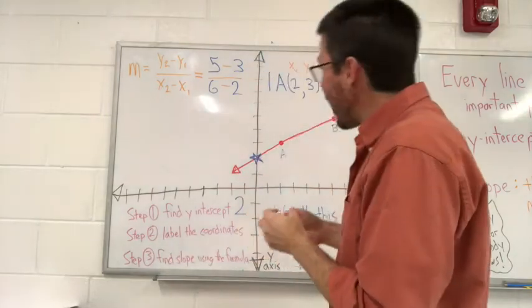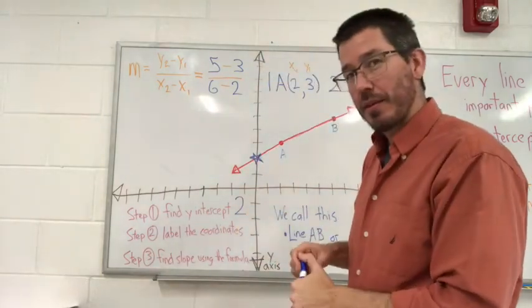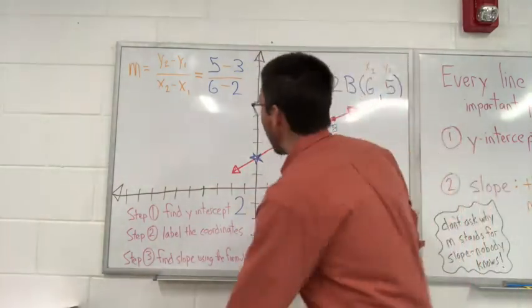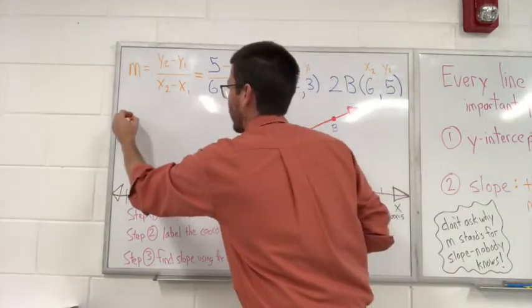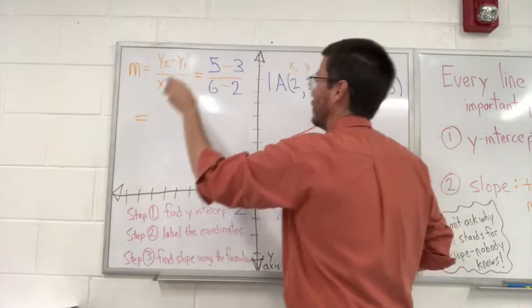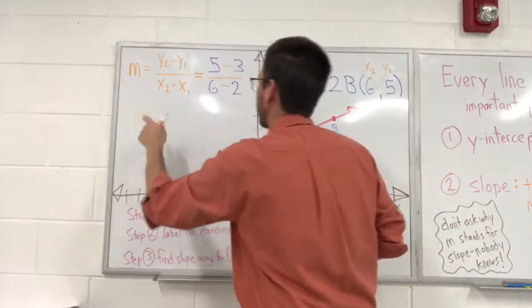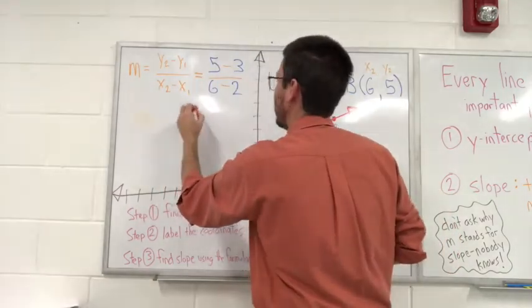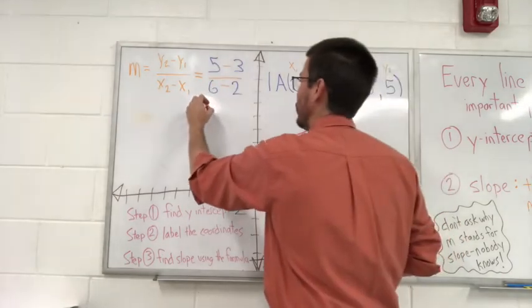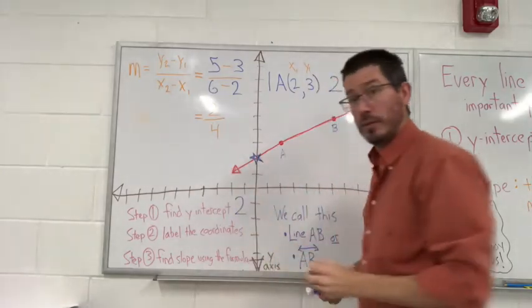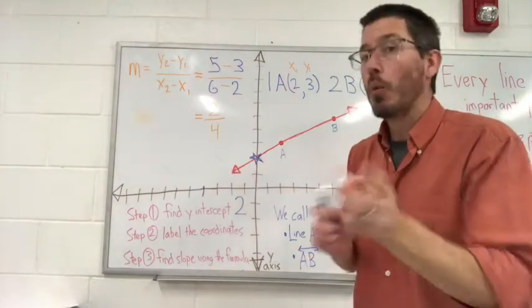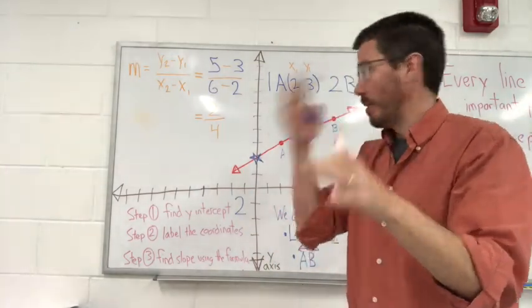Okay? Now it's just math, though. Subtract the top, subtract the bottom. 5 minus 3 is 2. 6 minus 2 is 4. That's almost it, but all I did was subtract.